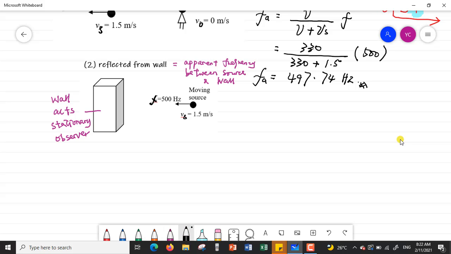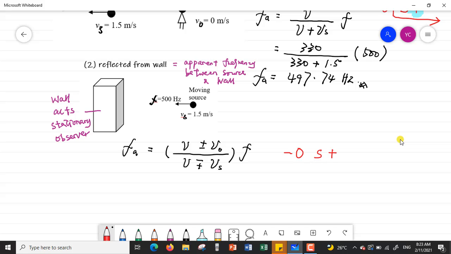So we once again take out the equation for apparent frequency. So the equation for apparent frequency is V plus minus V observer over V minus plus velocity of the source, multiplied by the actual frequency. Okay, so again, we are going to determine the correct sign by using the OS method. So now the source is moving towards or approaching the wall. The wall is the observer.